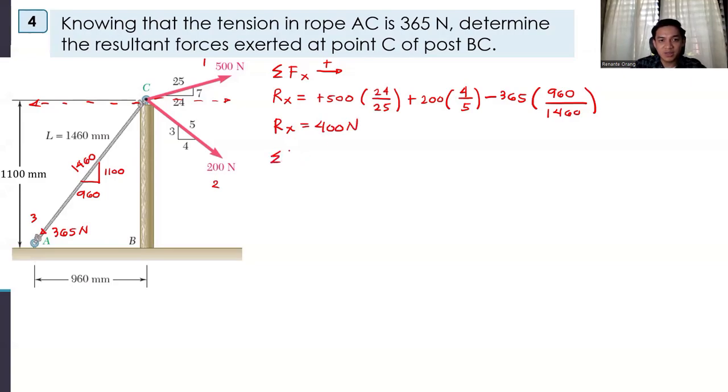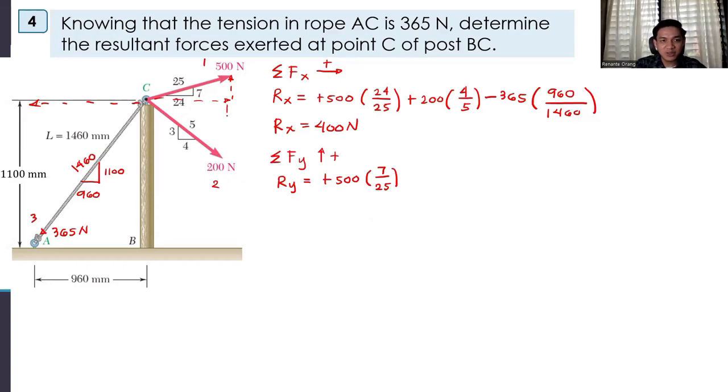Proceed tayo kay summation of forces in our y-axis where all upward forces is positive. So gagamitin natin to para makuha si Ry. That is equivalent to, unahin natin tong first force natin going upward is positive 500. Next is 7 yung gagamitin natin kasi nakatayo siya, divided by 25.